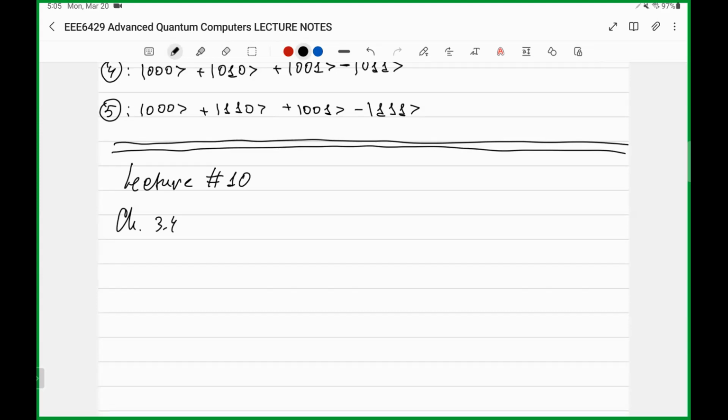Today we continue our course on quantum computers and quantum technologies, and today is lecture number 10, I guess. Last week we started discussing IBM Qiskit.